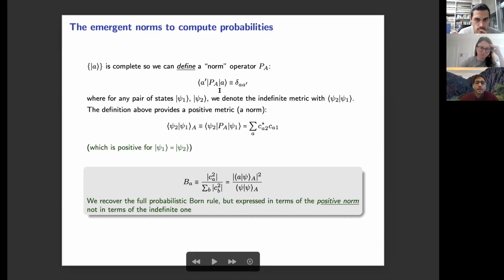And this implies a positive norm in the Hilbert space, like I show in the equation below. And so in this case, we can express the Born rule probabilities in terms of these positive norms, not in terms of the indefinite norm that I mentioned before. Okay.